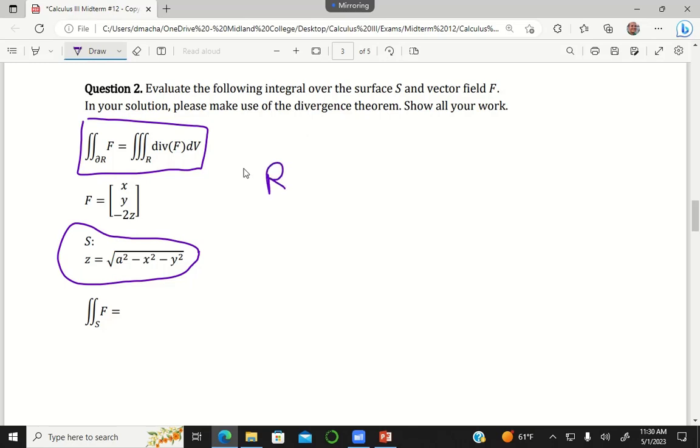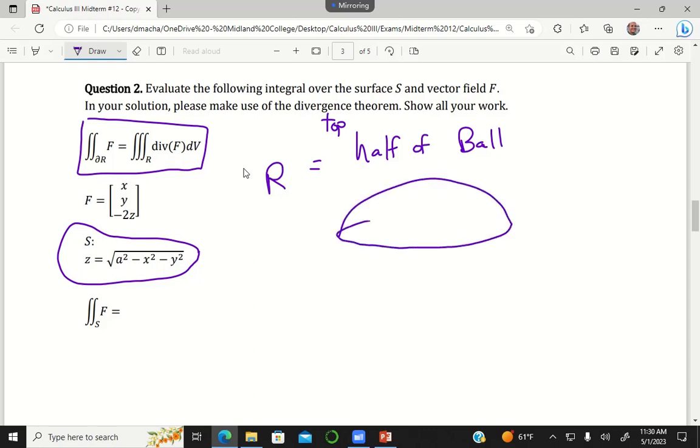So let's talk about a region R that is the top half of a ball, centered at the origin and has radius a, okay? So this is not just the top half of the sphere, but I'm talking about the three-dimensional solid that makes up the top half of the ball.